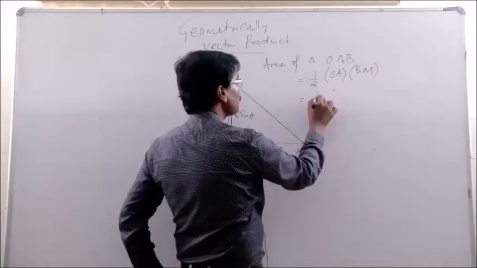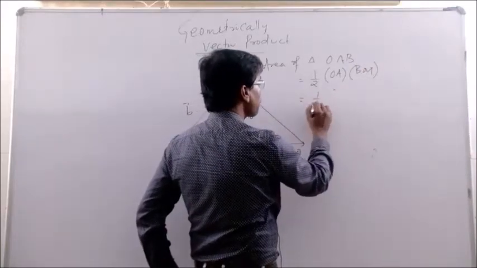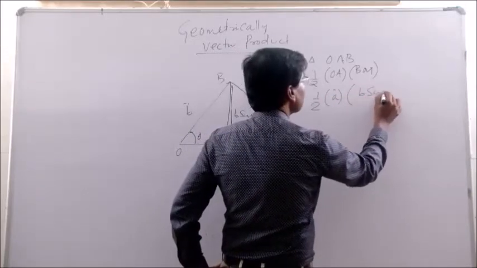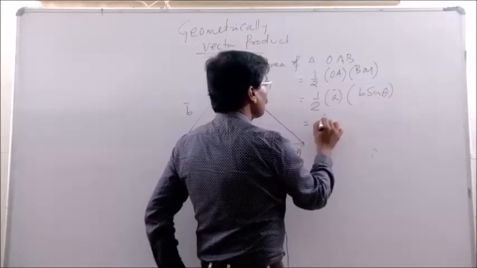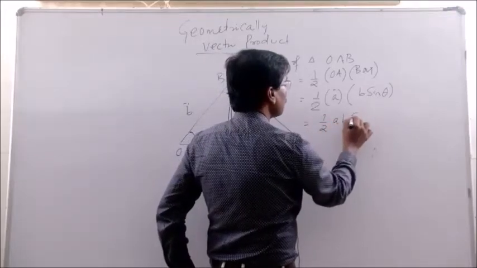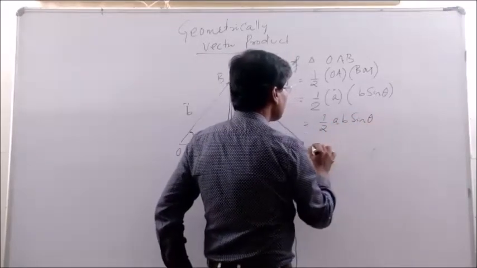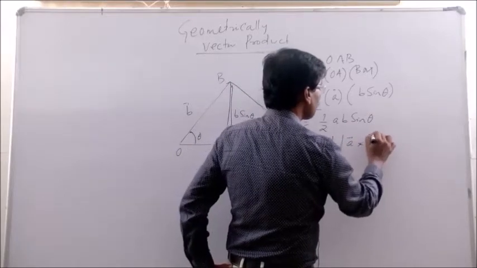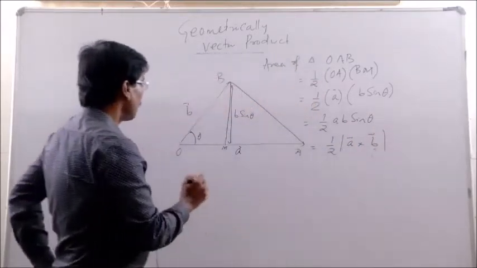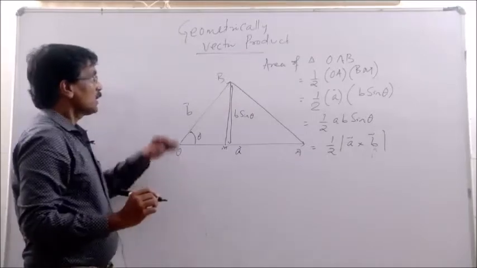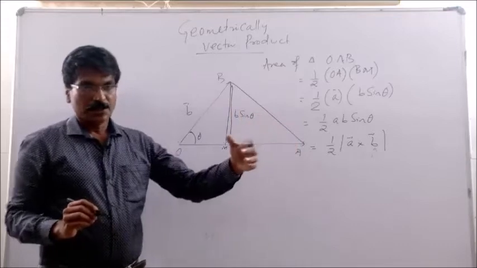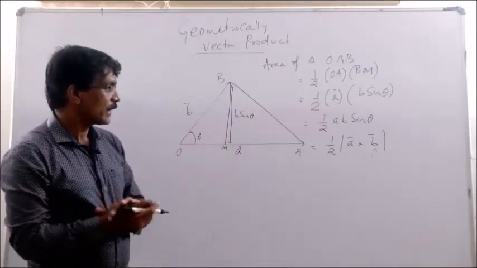So, OA magnitude is equal to A and BM is equal to B sin theta, which is equal to half AB sin theta, that is nothing but half magnitude of A cross B. So, the geometrical representation of vector product is to find the area of a triangle.